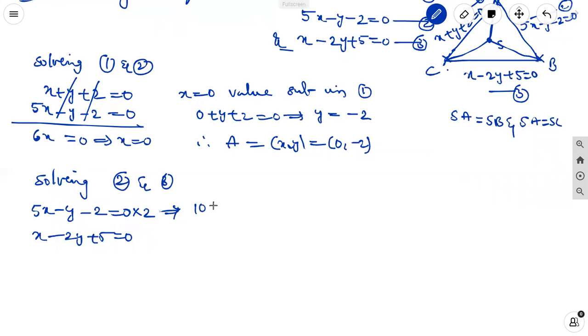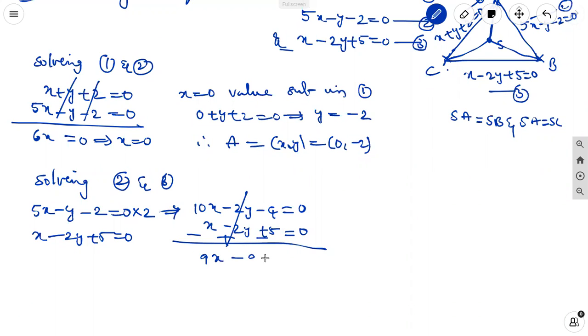Then it is 5 2s are 10x minus 2y, 2 2s are 4 equal to 0. And x minus 2y plus 5 equal to 0. Subtract one from the other. The signs will change. Plus 2y minus 2y get cancelled. 9x minus 9 equal to 0. From this 9x equal to 9, x equal to 1.